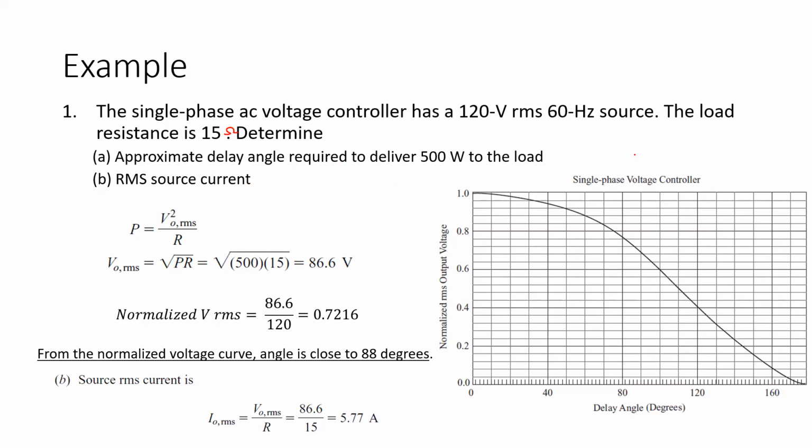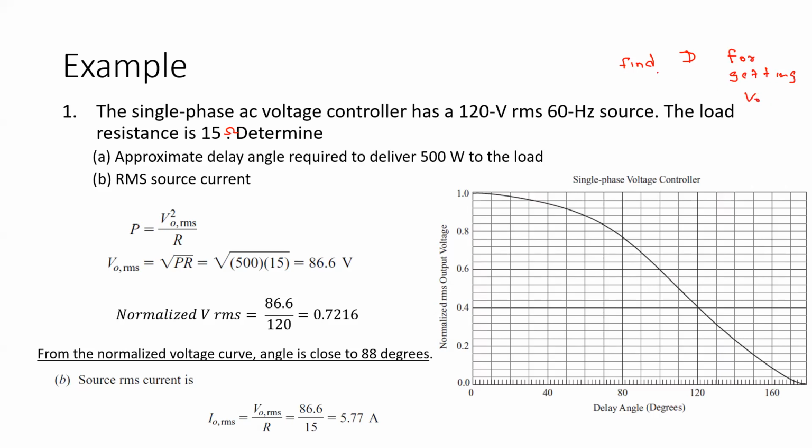Earlier in DC to DC converters, you were asked to find the duty cycle D for getting a certain V out.